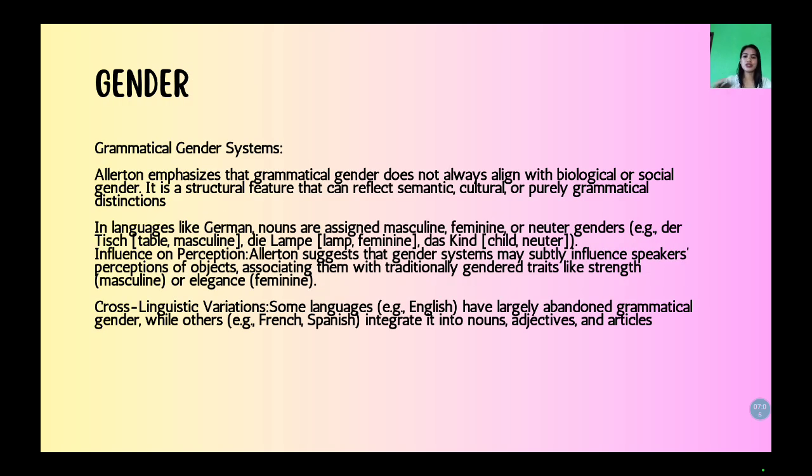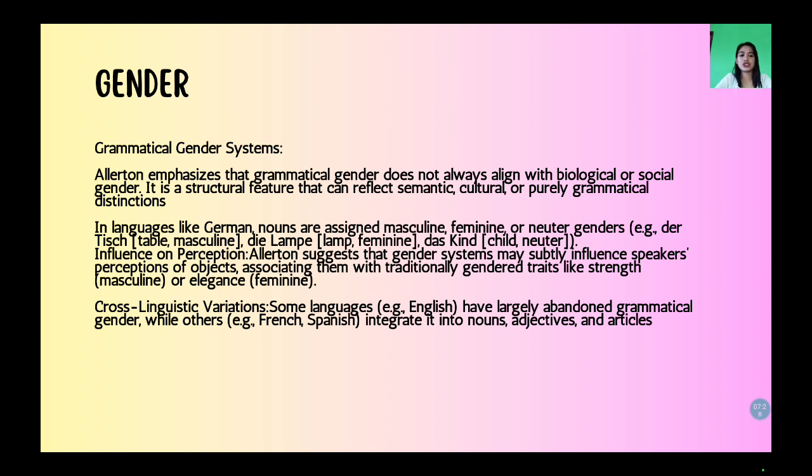Allerton emphasizes that grammatical gender does not always align with biological or social gender. It is a structural feature that can reflect semantic, cultural, or purely grammatical distinctions.